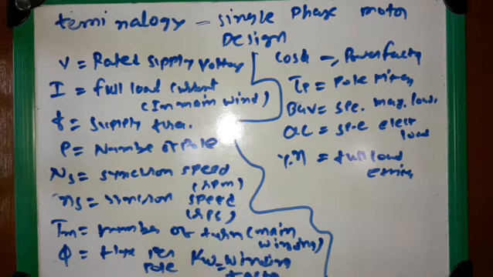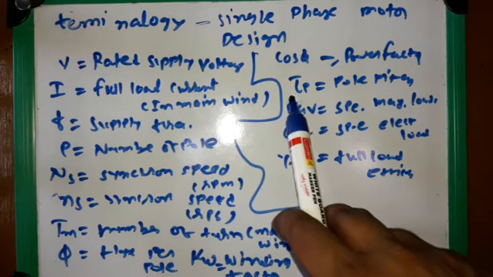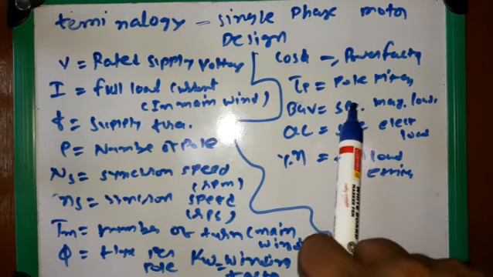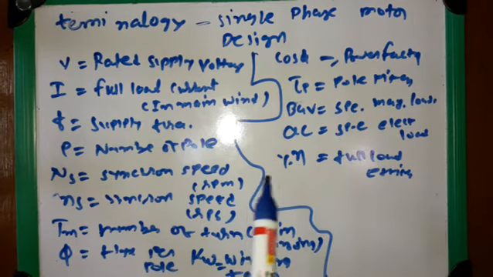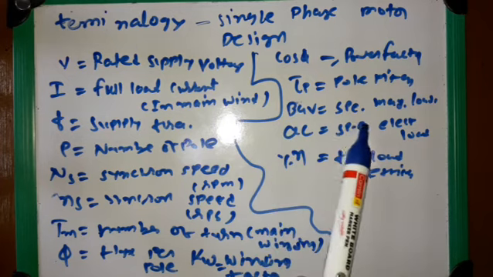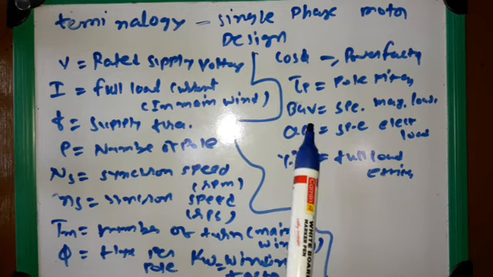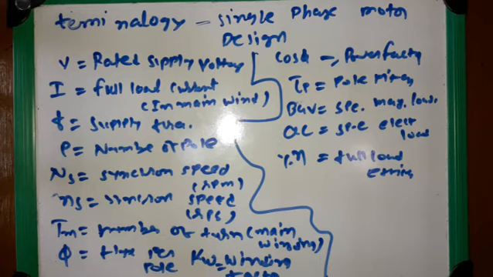Now cos phi is our power factor. Tau p is the pole pitch, which we find in meters. BAV is the specific magnetic loading, also called the average flux density in the air gap, which is in Tesla, or weber per square meter, whereas AC is the specific electric loading, which is in armature conductors per meter of armature periphery.